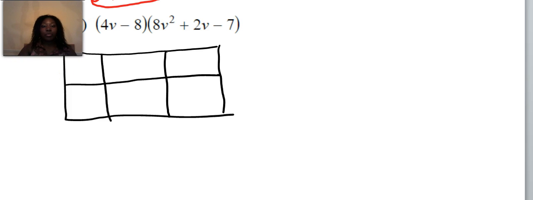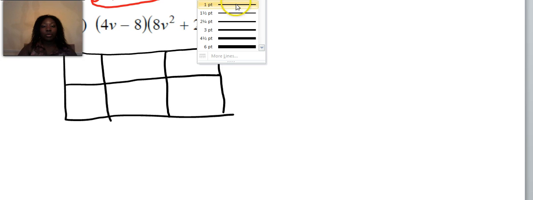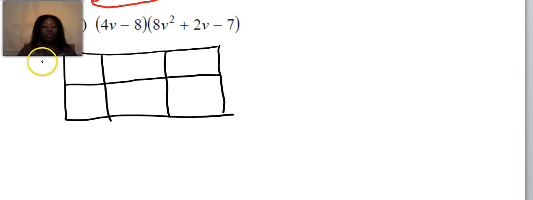So you have 4b negative 8, and then up here you have 8b squared plus positive 2b negative 7.